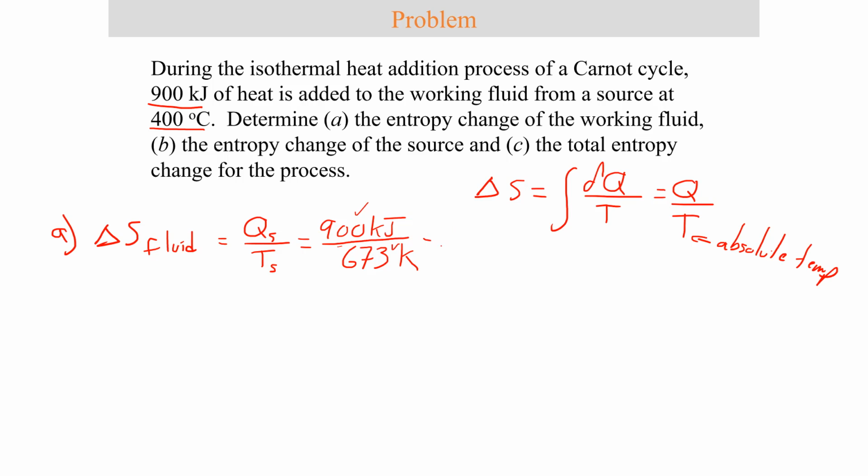So we quantify that as the fact that 1.34 kilojoules per Kelvin, that's the unit for total entropy, was absorbed by the working fluid. So the source transferred heat, and also that heat carried with it entropy. It's kind of like thinking about mass, right?